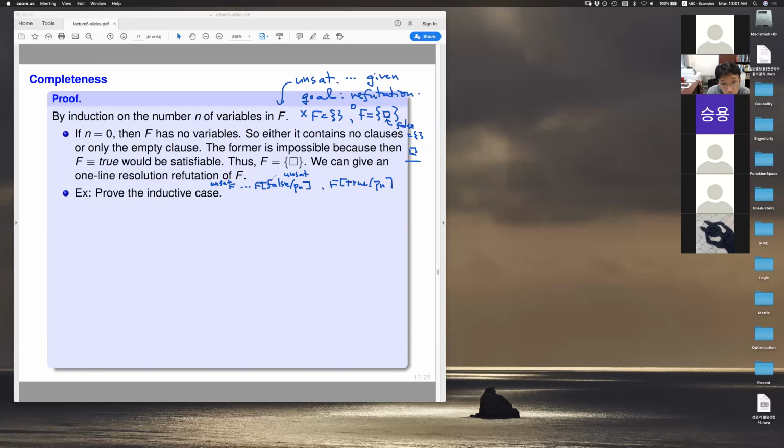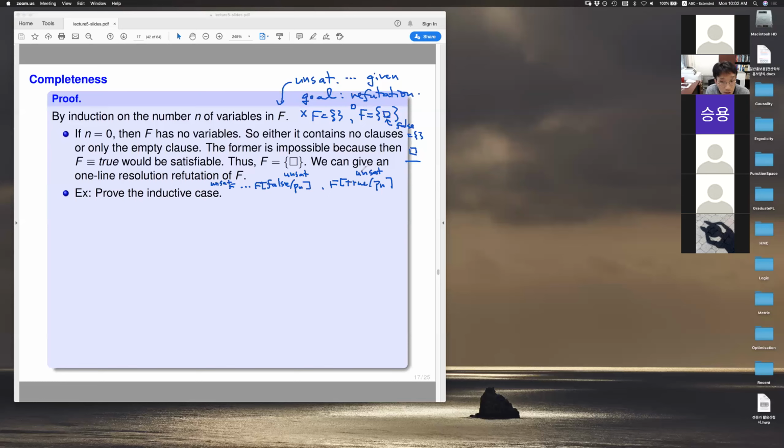So unsatisfiability of F implies this one is unsatisfiable, and this one is also unsatisfiable. This one uses at most n-1 propositional variables, and this one also uses at most n-1 propositional variables. Both are unsatisfiable, so we can apply the induction hypothesis to construct a refutation in this case, and another refutation in this case.